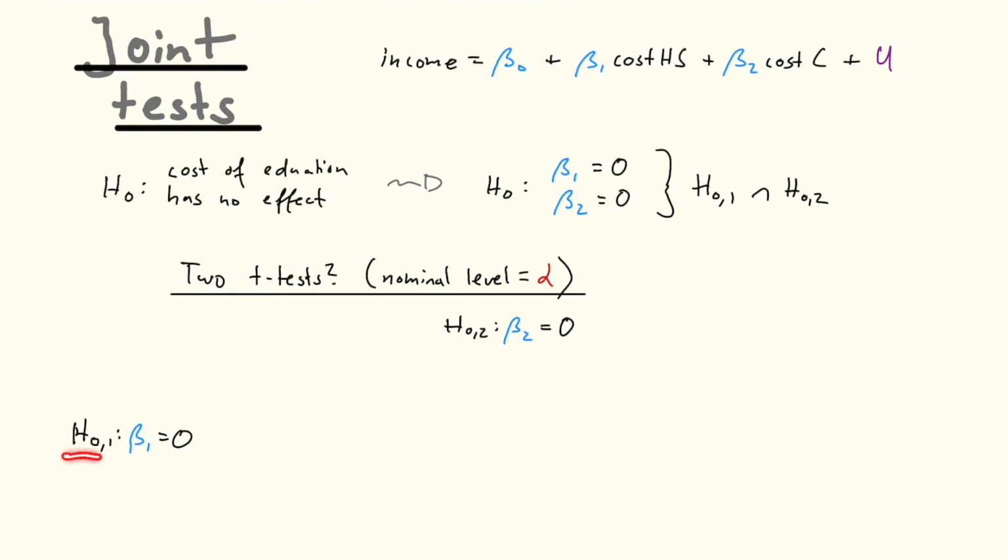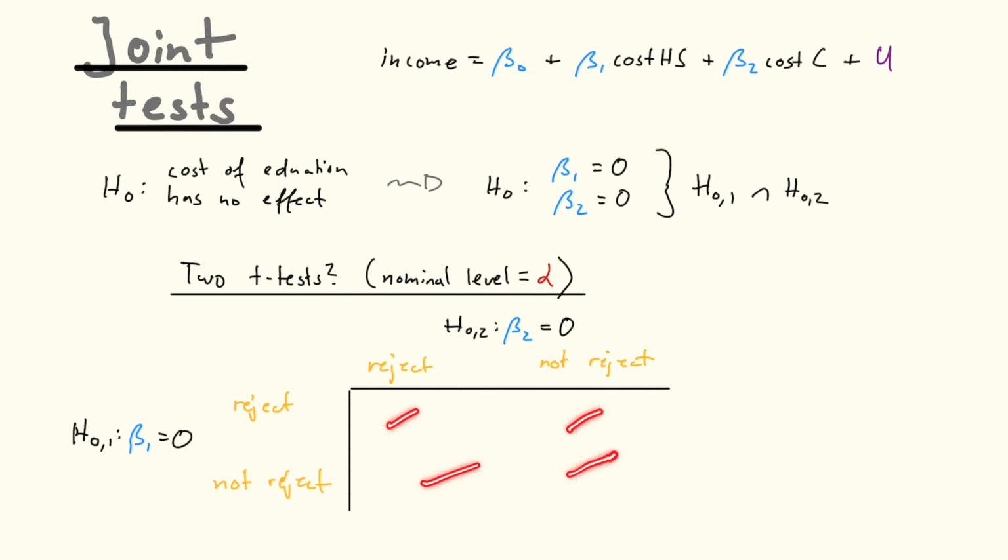Our test of H01 can reject or not reject. Similarly, our test of H02 can reject or not reject. This gives us a matrix of 4 possible outcomes.